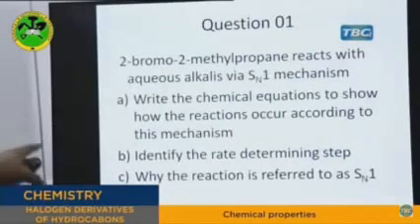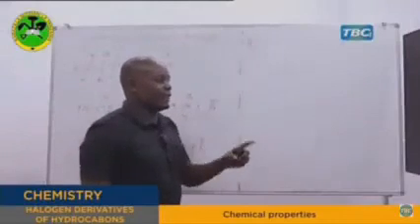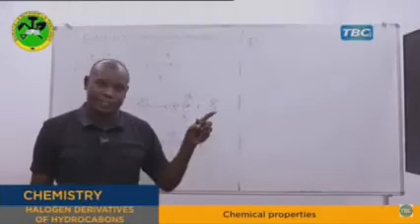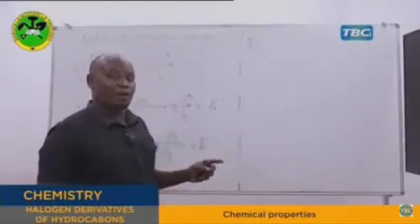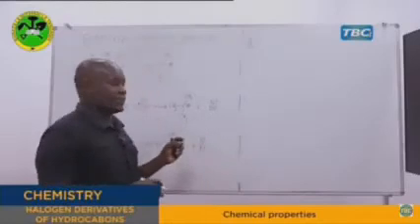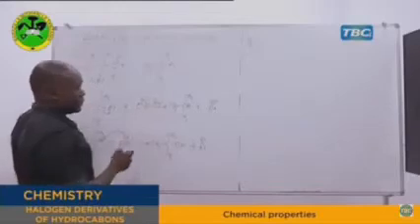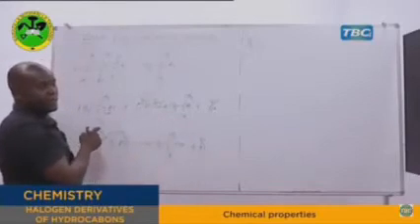For the second part, we have been asked to identify the rate determining step. The rate determining step is the slowest step. And which of the two steps is the slowest? This one is the slowest step, so it is the one that determines the rate.